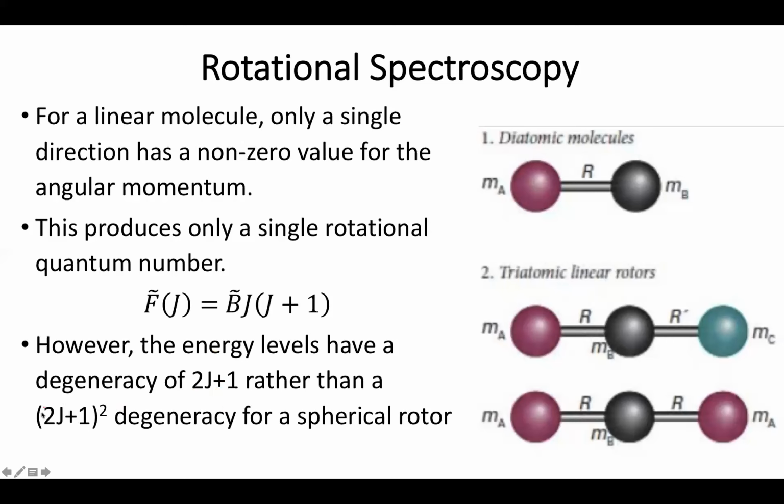However, when we go to more complicated molecules, as the degeneracy goes up, the number of molecules that will occupy those states will also increase. So I'll have a much greater intensity of signals from high J values when I'm looking at microwave excitations.